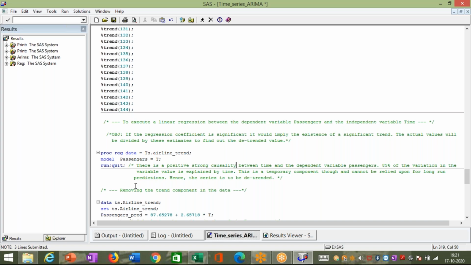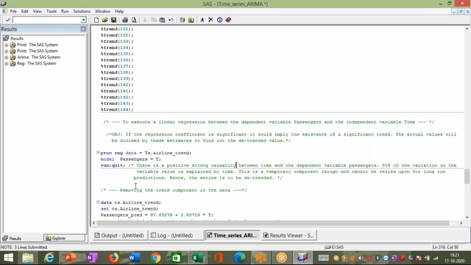So there is a strong positive causality between time and the dependent variable.